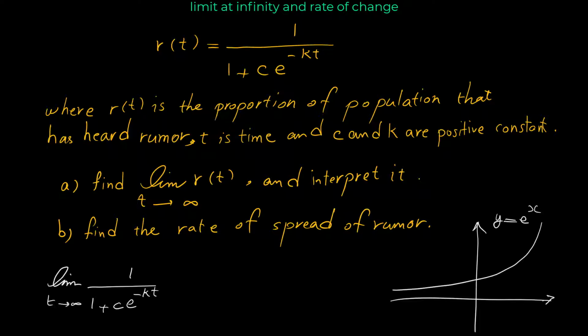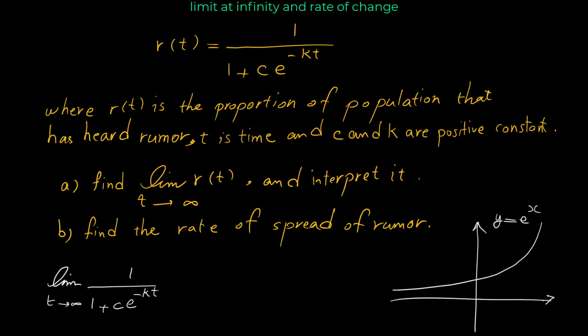As you can see, when x approaches negative infinity, if we go far to the left, the graph of e to the x gradually approaches the x-axis. The distance between e to the x and the x-axis gradually approaches 0.